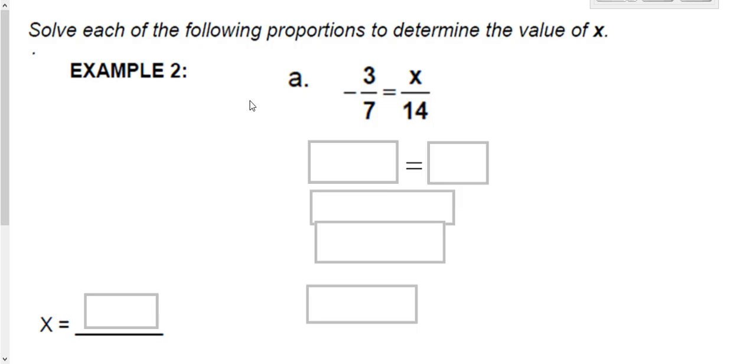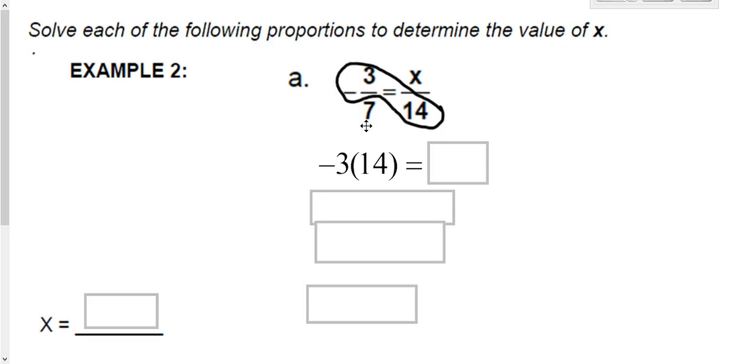So now we're going to solve these proportions. We're going to solve for the missing x here by using that cross product property. So here's that negative thing. I'm going to associate the negative with the top number, so it's like we've got negative 3 over 7. The first step is to do the cross products. So I've got negative 3 times 14, using the negative up there, which has to equal the other cross product, which is 7 times x.